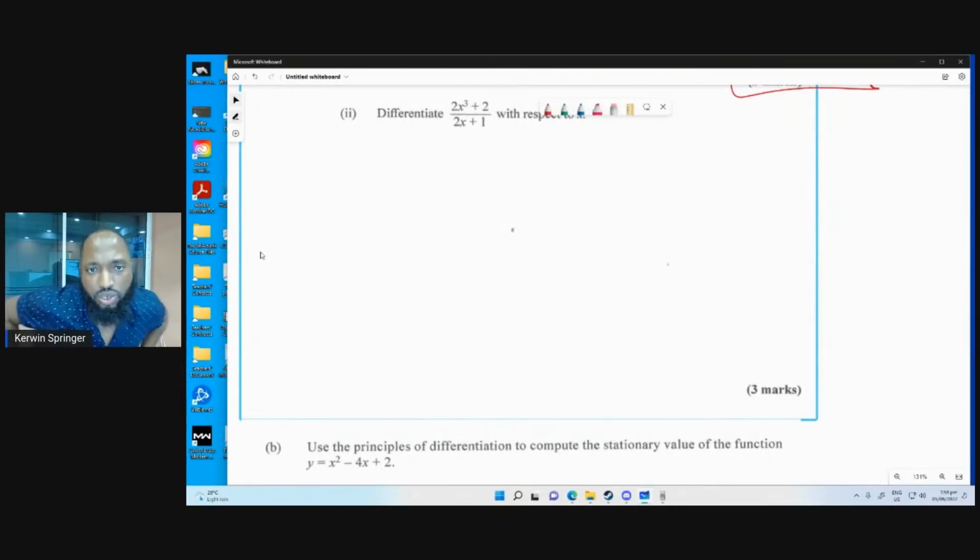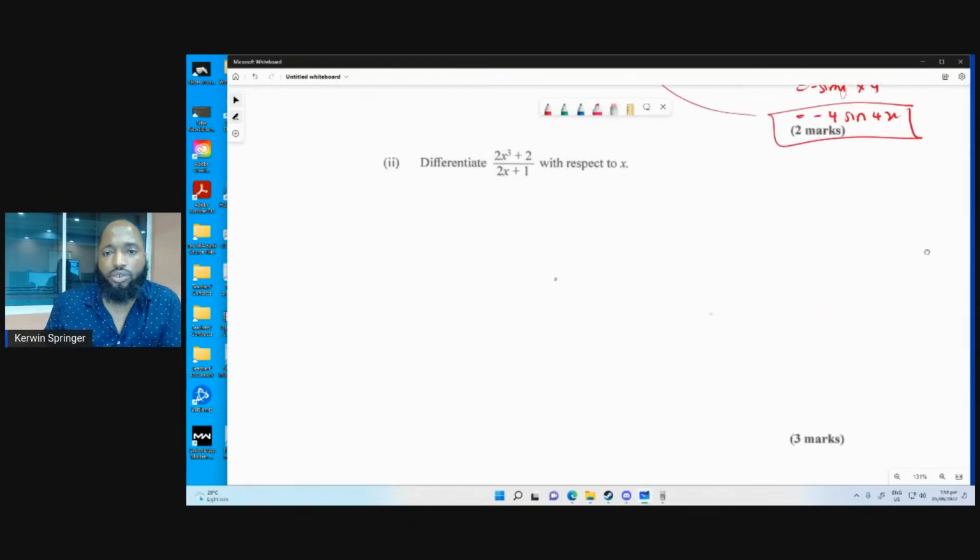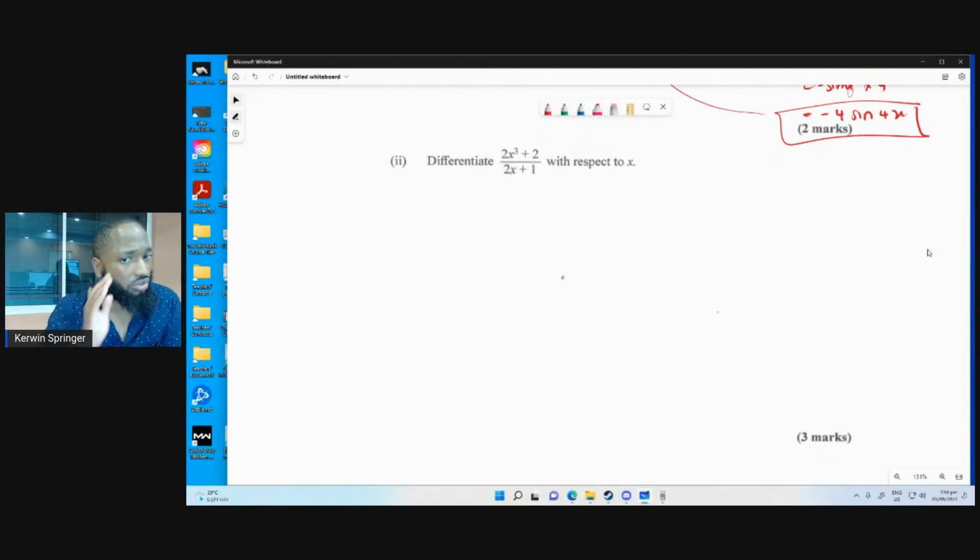Differentiate 2x cubed plus 2 over 2x plus 1 with respect to x. This is a quotient rule question. Normally if you have a v squared, I advise a square before jumping into it wholeheartedly, but I feel we could jump into this one.